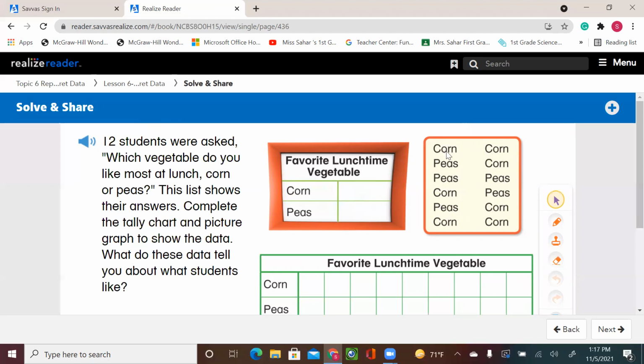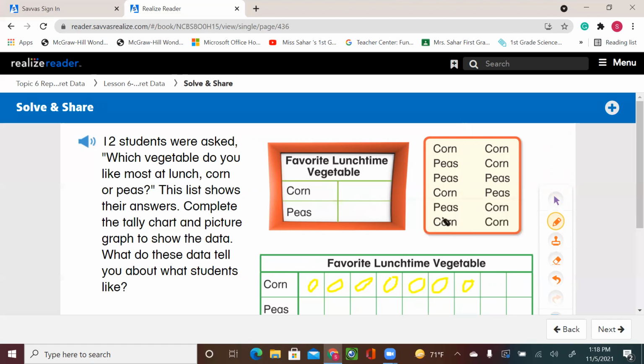So let's count how many children chose corn as their favorite lunchtime vegetable. 1, 2, 3, 4, 5, 6, 7. So 7 children chose corn as a favorite vegetable for lunchtime. So we're going to present 7 yellow oval marks for corn. 1, 2, 3, 4, 5, 6, 7.